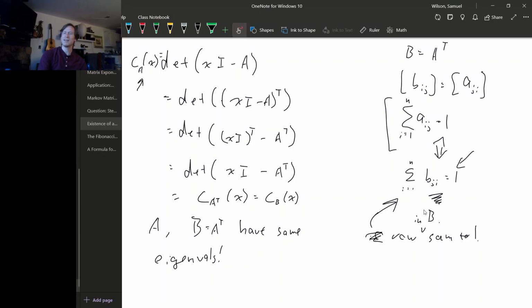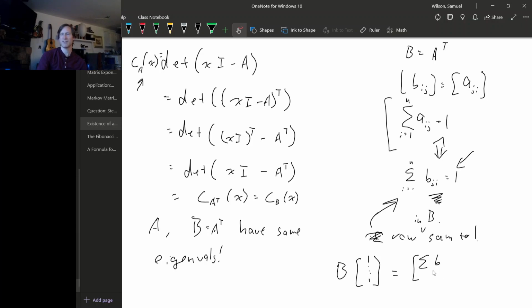Okay, but we can add up a row just by multiplying by the vector that's nothing but 1s. If you multiply a matrix by a vector that's nothing but 1s, that has exactly the effect of adding up all of the entries in each row.